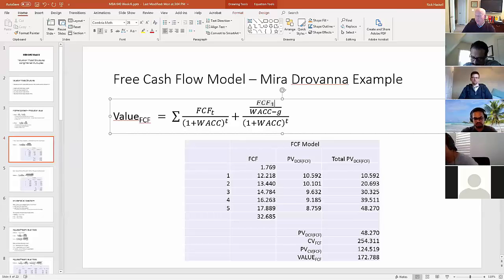I take the present value of that by dividing it by 1 plus WACC to whatever my exponent is. In this case, it's 5. And it gives me the present value of that, and then I add these two present values together to get my value. That is a basic garden variety free cash flow model, and it is as reliable a production or income approach model as you will find.